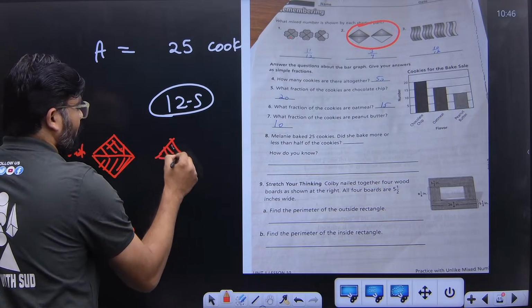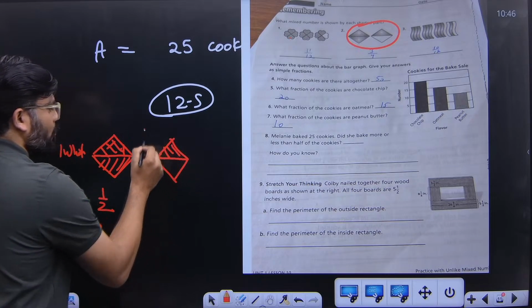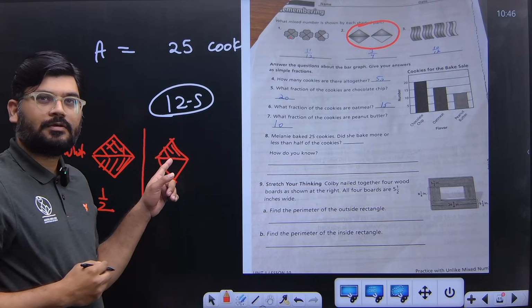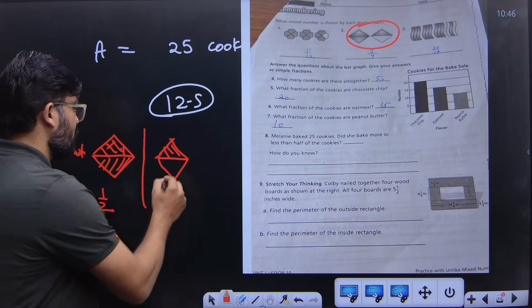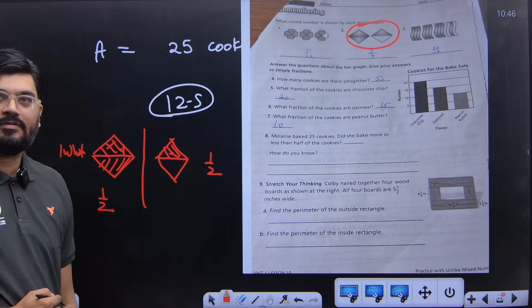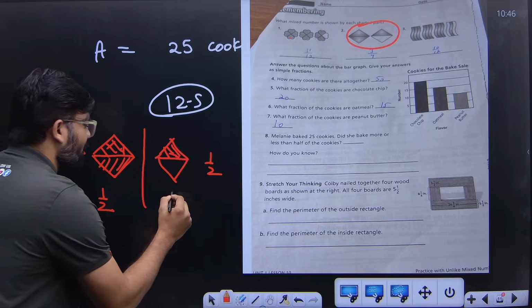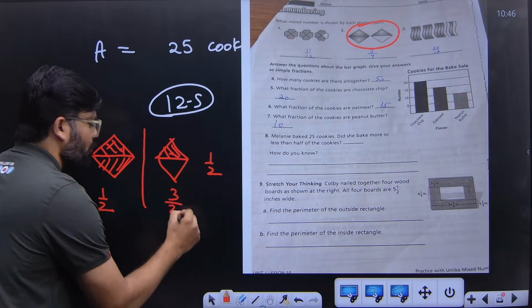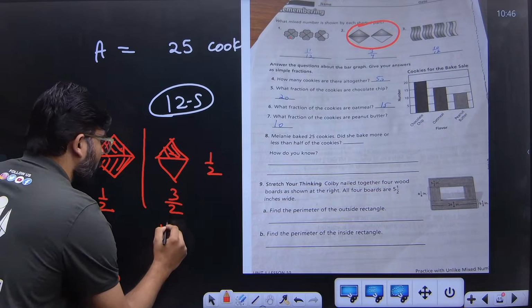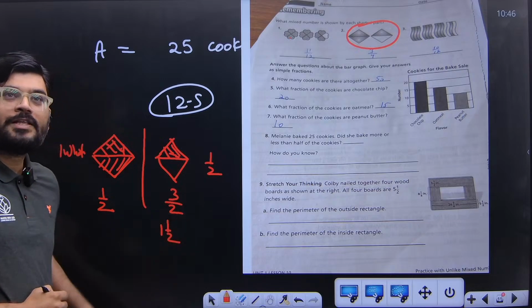Now can you tell me what is this part? This part, only this part. Oh, 1, 2. Wonderful. So it is 1 whole and 1 half, which means it is 3 over 2. You can say 1 whole and 1 half, or you can say 3 over 2.